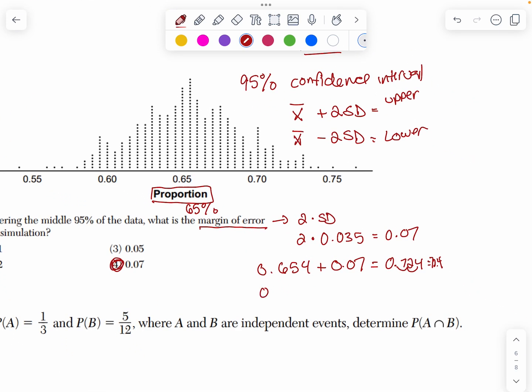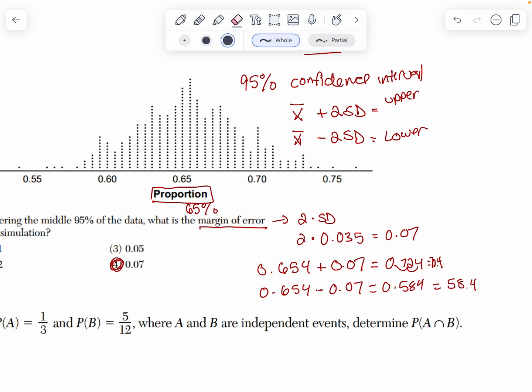Same thing here. If I take my 0.654 and subtract my margin of error, 0.654 minus 0.07, I get 0.584, which again means that it is not surprising if I see a value as low as 58.4%.